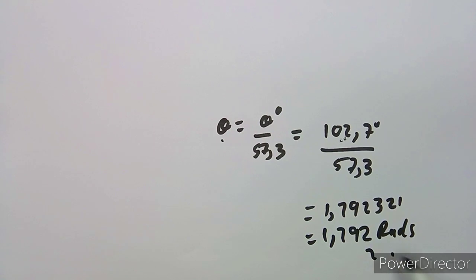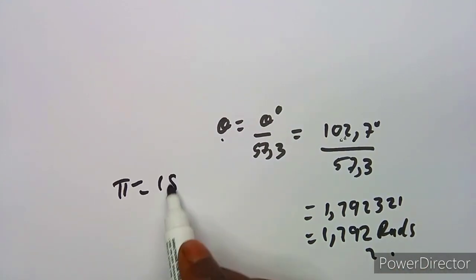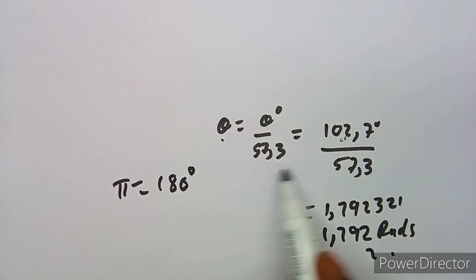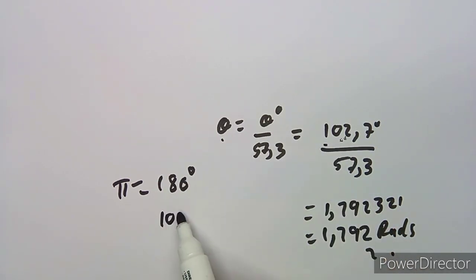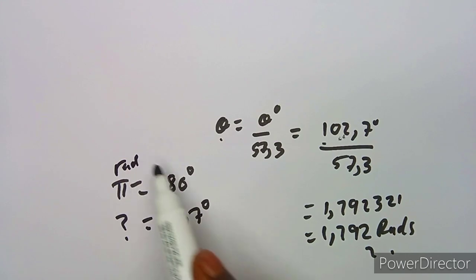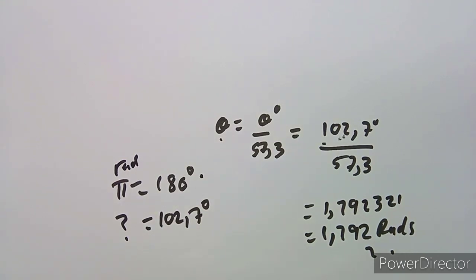So this is now in radians. Or you can simply use the conversion that pi is equal to 180 degrees. What about 102.7 degrees? What do we have in radians? Because pi radians is 180 degrees, you can use this conversion again.